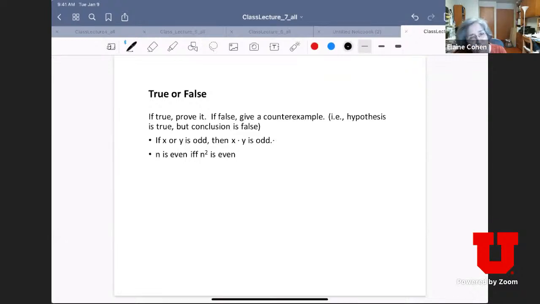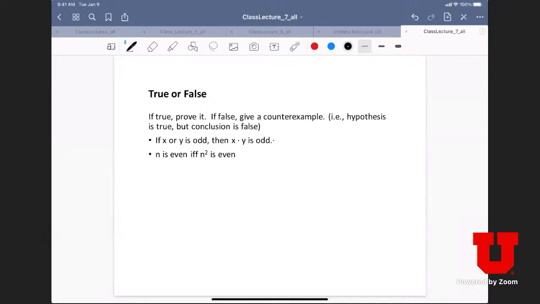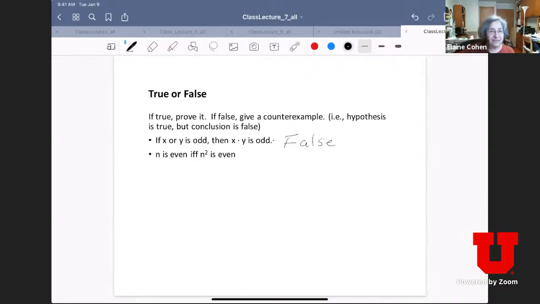Is that true or false? False. Why? 2 times 3 is even, and 3 is odd. Perfect. It is also the case that an even times an odd is even.